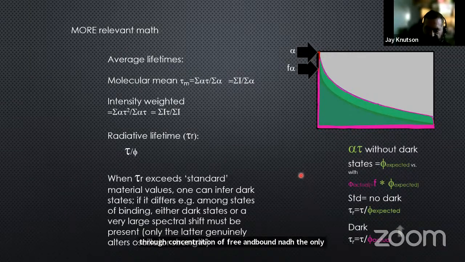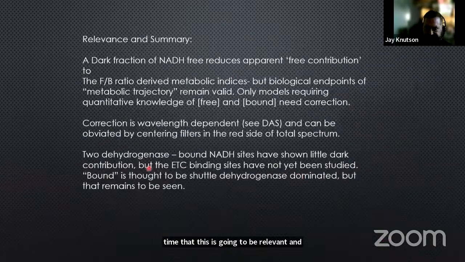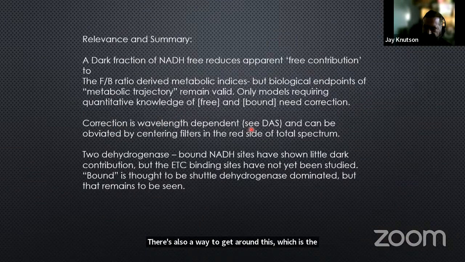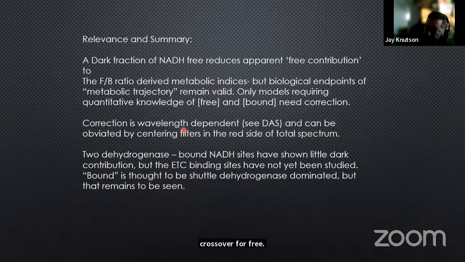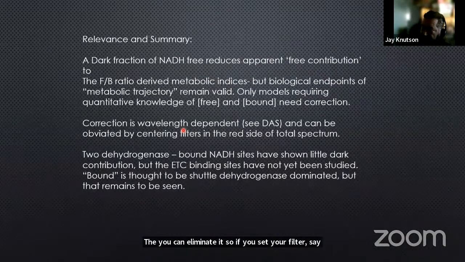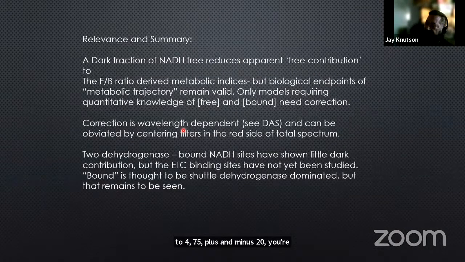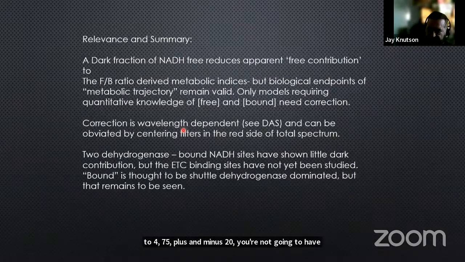And there's also a way to get around this, which is that the correction is wavelength dependent. By going off to that red side and centering at the crossover for free, you can eliminate it. So if you set your filter, say, to 475 plus or minus 20, you're not going to have to worry about this correction at all.